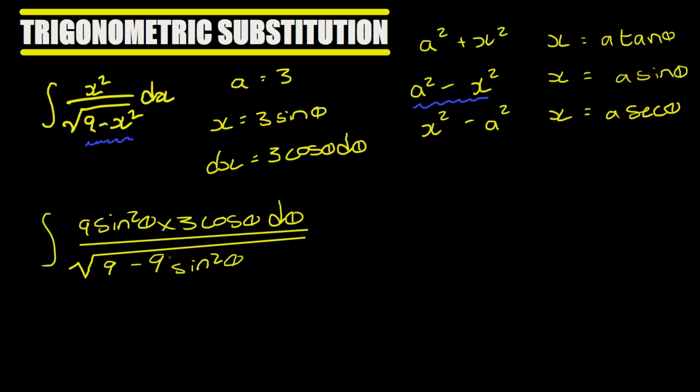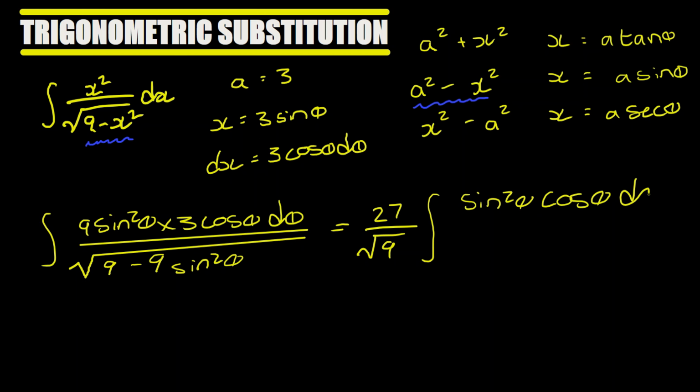We can then simplify our equation by factoring out the 9 and also taking out the constant. So we are then left with 27 over the root of 9 multiplied by the integral of sine squared theta multiplied by cos theta with respect to theta over the root of 1 minus sine squared theta.